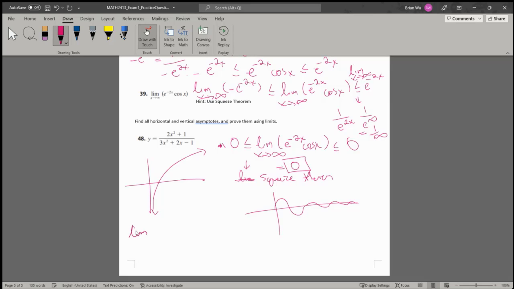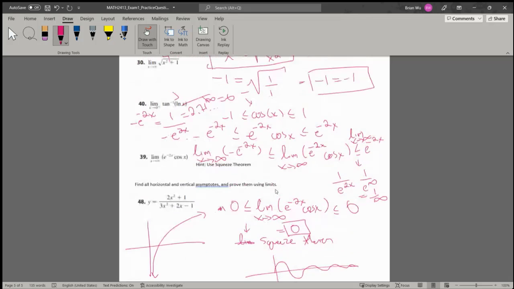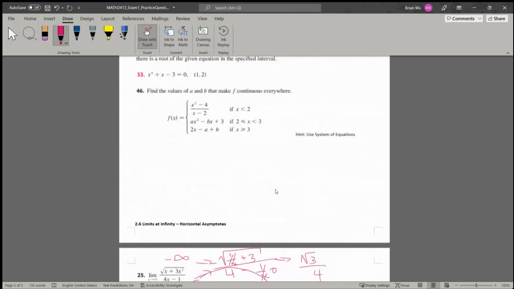So limit as x approaches infinity for ln of x is equal to infinity. Does that make sense? So it just keeps rising and rising. Any other questions? Do you guys want to go over anything specific? Any concepts?